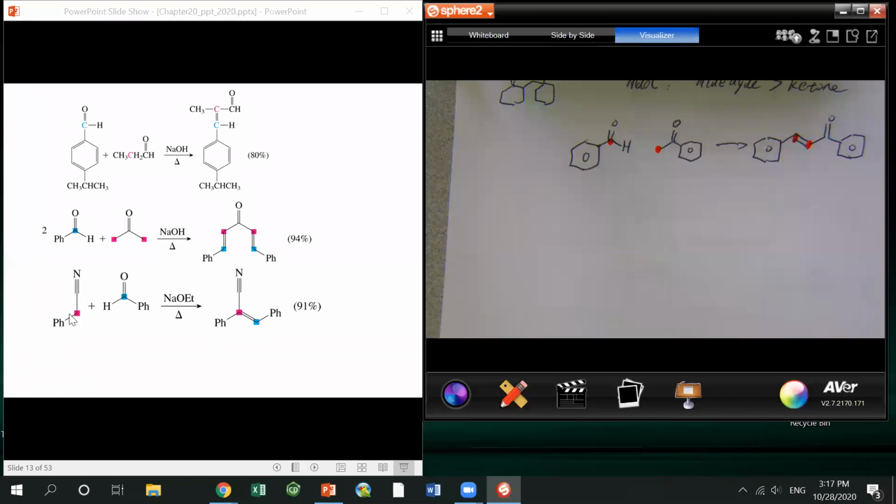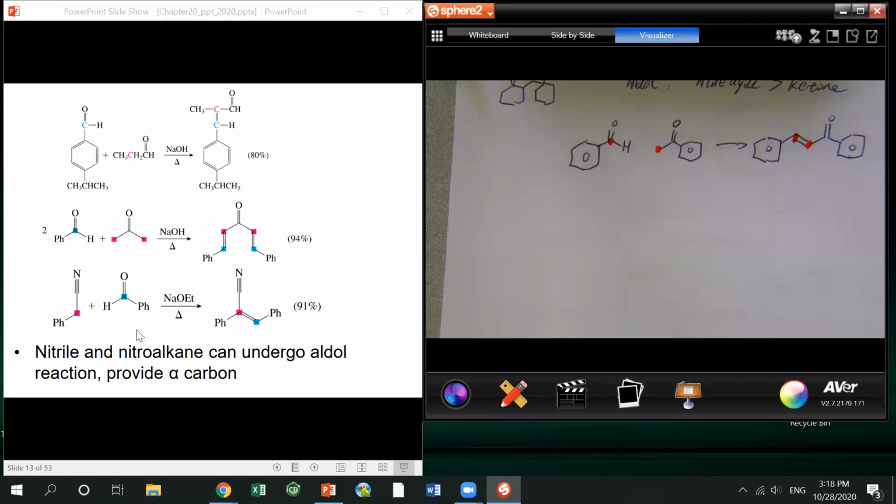In this case the nitrile only contributes the alpha carbon and reacts with, again, benzaldehyde, so you can find the product. Someone asked what happens between aldehyde and ketone. This last example is a little bit of an exception. A nitrile compound can be used as the nucleophile for the Aldol condensation, but it is not so common.